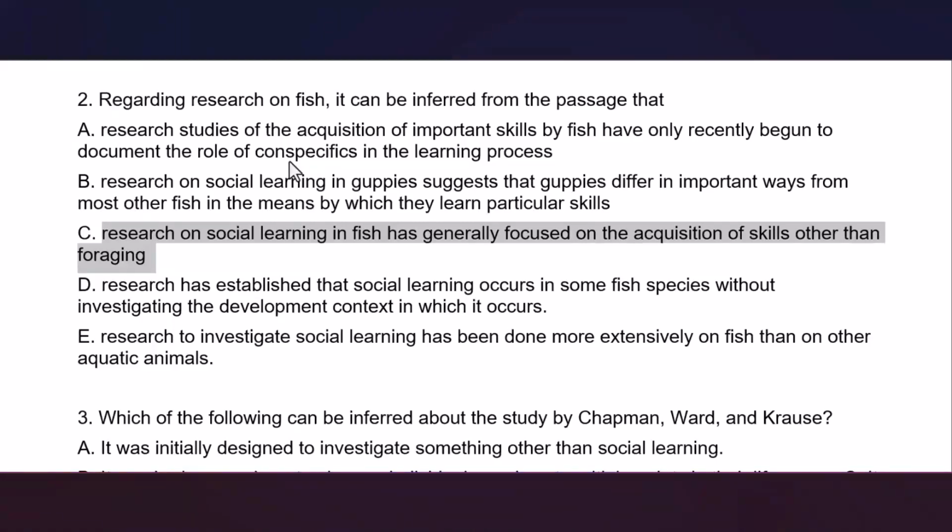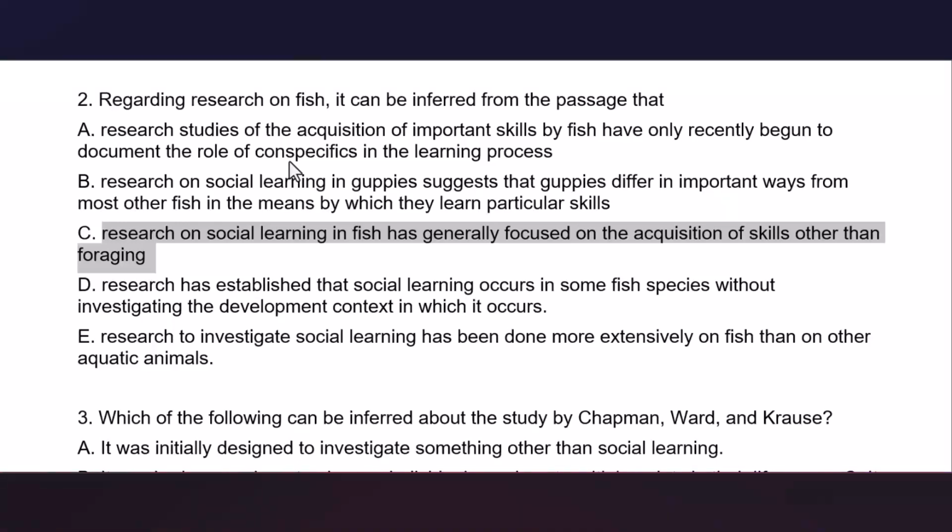This option is clearly incorrect because in the passage there has not been cited any focus for studying social learning among fish, and moreover, in that particular study mentioned in the passage, we read that foraging, or equally searching for food, finding food, is a kind of social behavior that young guppies in a low density society can learn from their adults.